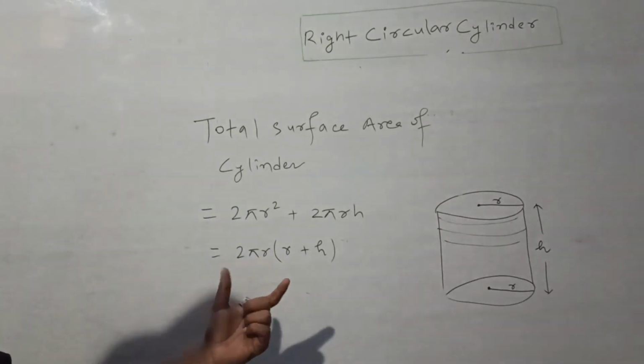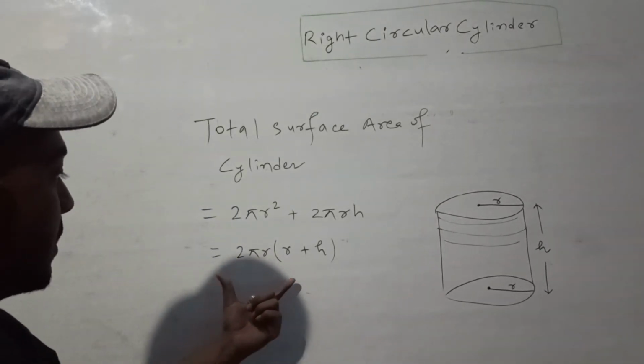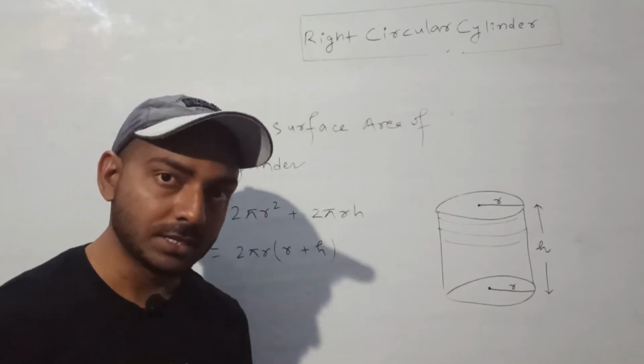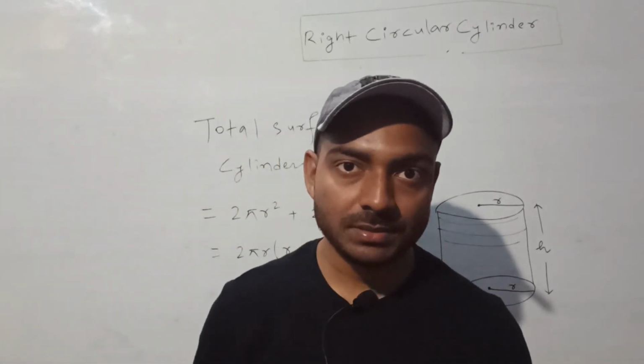So the total surface area of a right circular cylinder becomes 2 pi r (r plus h). Okay, my friends, that's it.